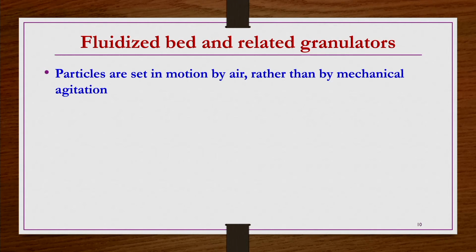In this kind of fluid bed granulators, the particles are set in motion by air rather than by using any kind of mechanical agitation. Till now, whether the tumbling granulators or the mixer granulators, the agitation has been caused by mechanical means.